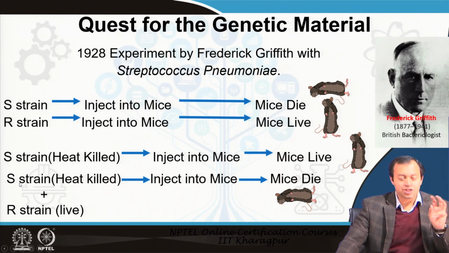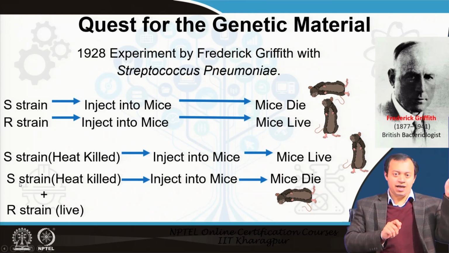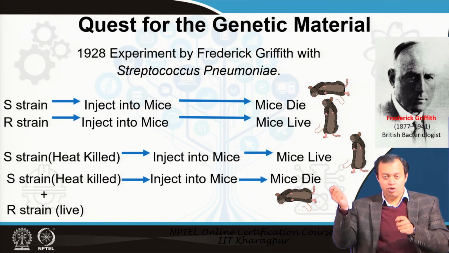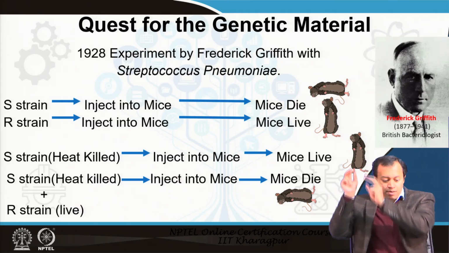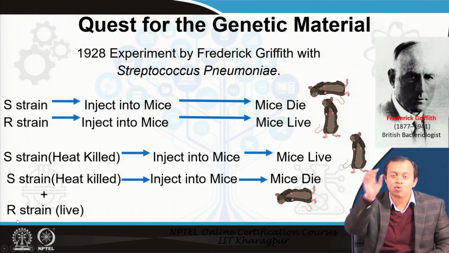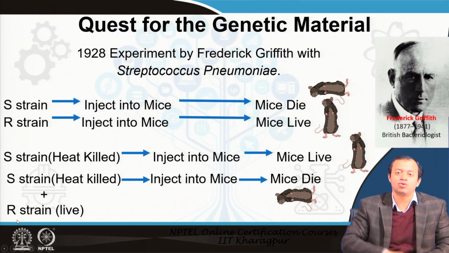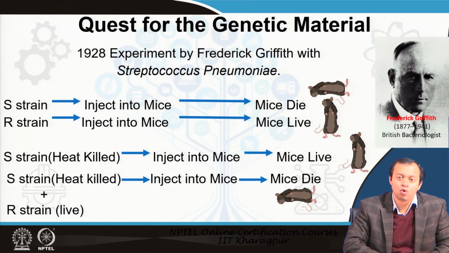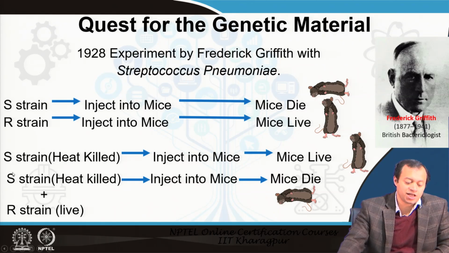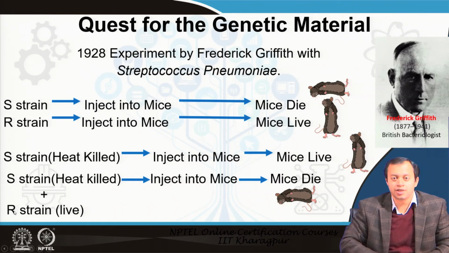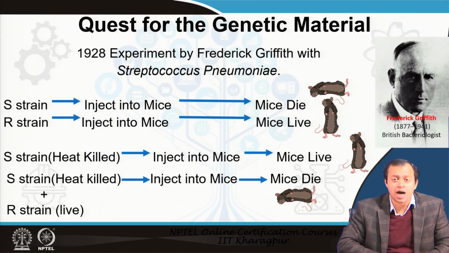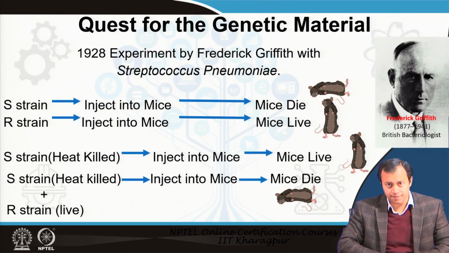So, S strain bacteria was divided into RNA, DNA and protein, and each individually was put into R strain to see at which point R strain gets converted into S strain. They found out only when the DNA from S strain gets into R strain, the R strain converts to S strain. Protein and RNA are unable to transform R strain bacteria into something else.